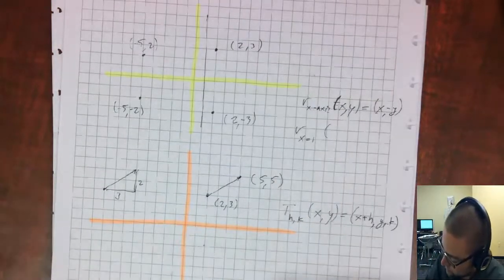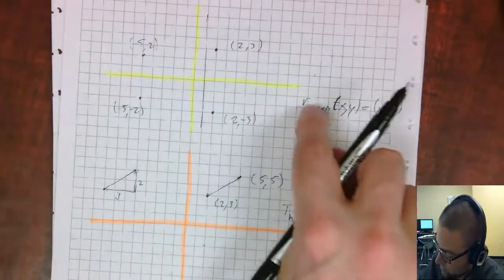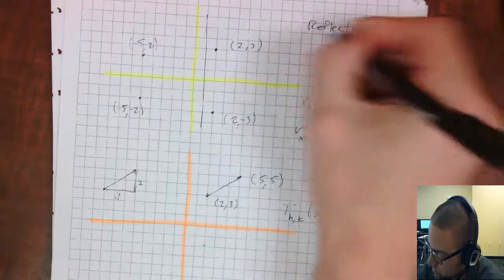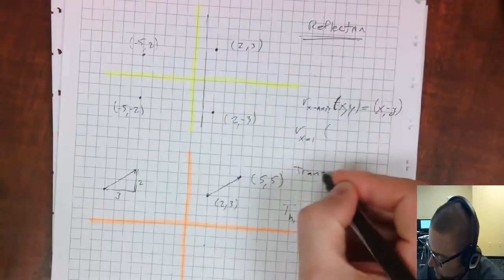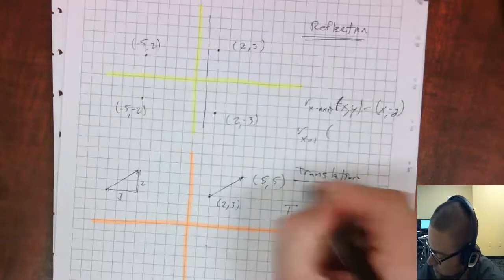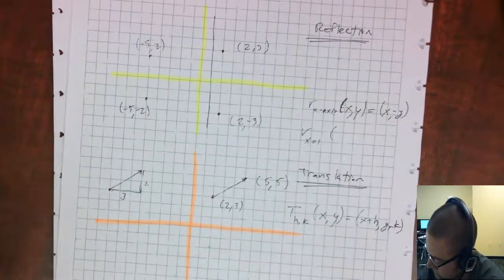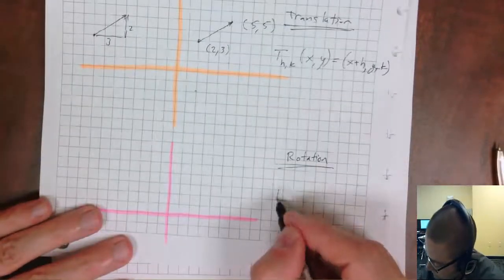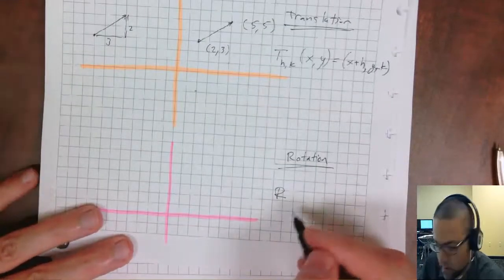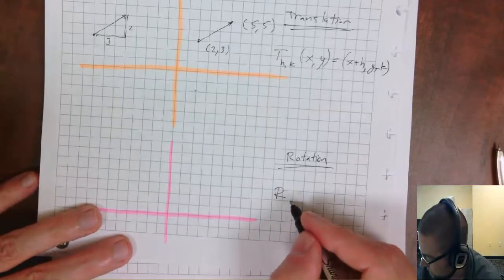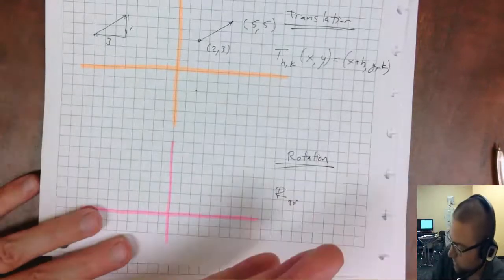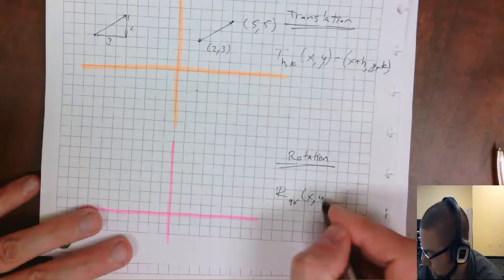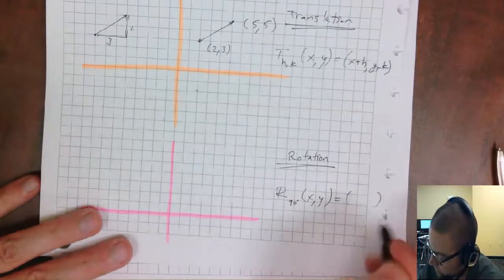Rotations. So rotations, we use capital R, before we used lowercase r for reflection. So this is reflection, translation, and this is rotation. We use capital R, and then the degrees that it will be rotating. So let's say we rotate 90 degrees, and we usually think of it in a counterclockwise direction, of x, y equals some new point, right?